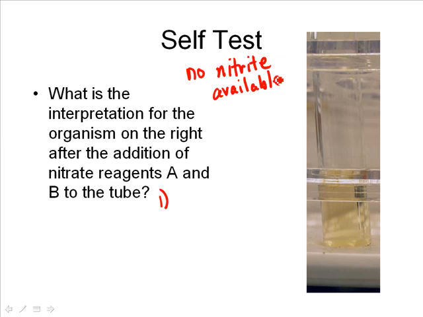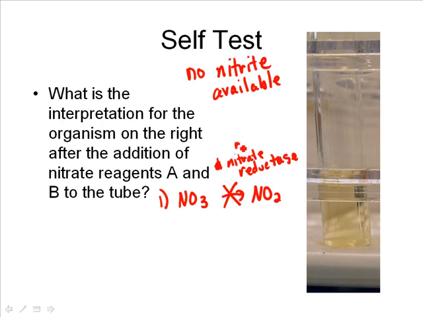Now, no nitrite means one of two things. Either your organism could not reduce nitrate to nitrite because it did not produce the nitrate reductase. That's certainly one interpretation, and it's certainly plausible. However, here's the second interpretation.